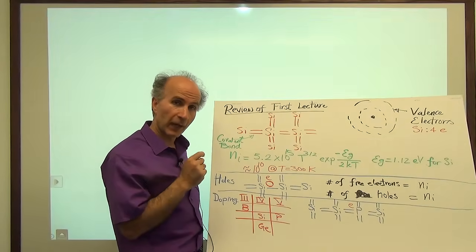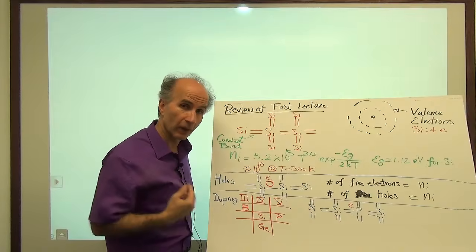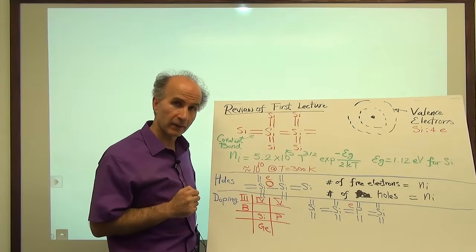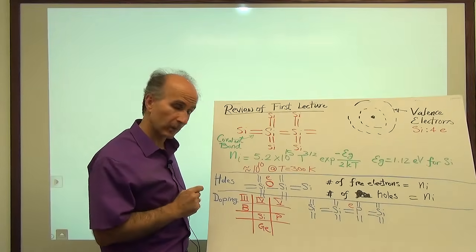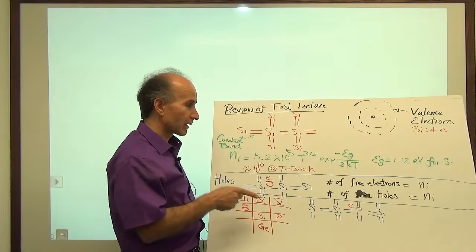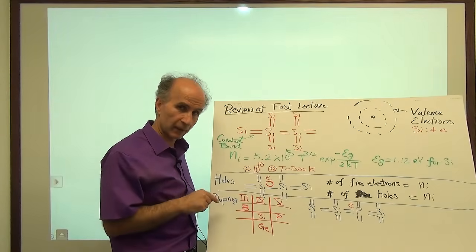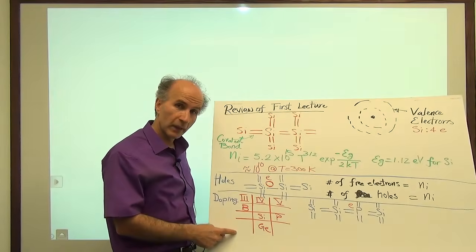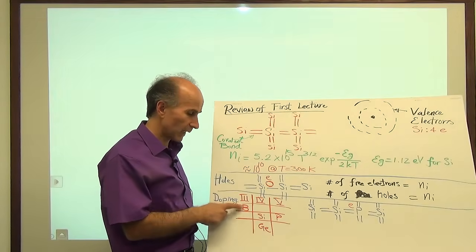So we're thinking perhaps there's a way to modify the density of electrons and holes in silicon. And what we discussed last time was perhaps we can try to add some impurities to silicon. If you go back to the periodic table, we see that in column 3 we have boron.